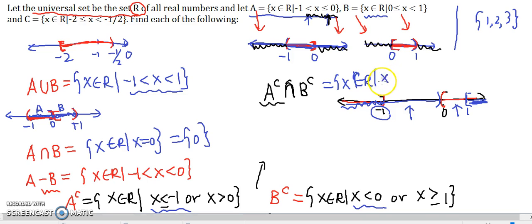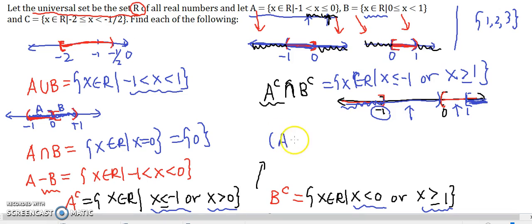So we know -1 should be in the intersection. And for this part right here, x is greater than 1, is x equal to 1? x equal to 1 is in the complement of A, and x can be equal to 1 because 1 is greater than 0. So we should include 1 there.